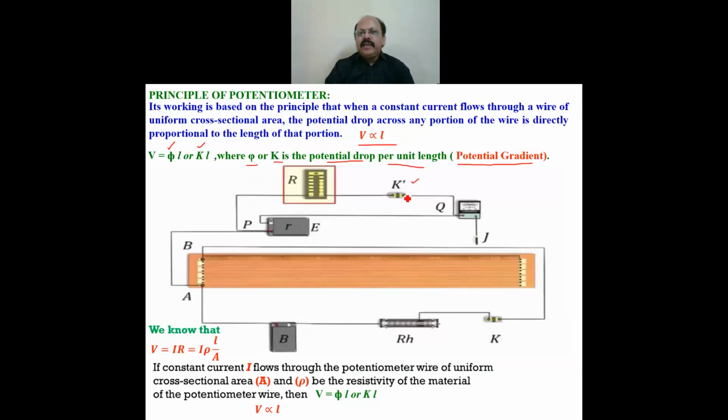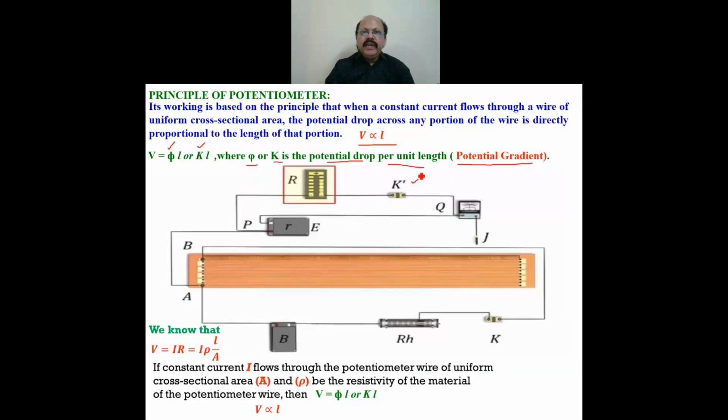The other end of the key K dash is connected to the galvanometer. Similarly, the negative terminal of the cell is connected to the galvanometer, and this point of the galvanometer is connected to the jockey. So this is the circuit diagram of the potentiometer.